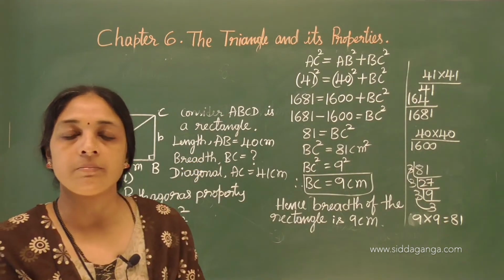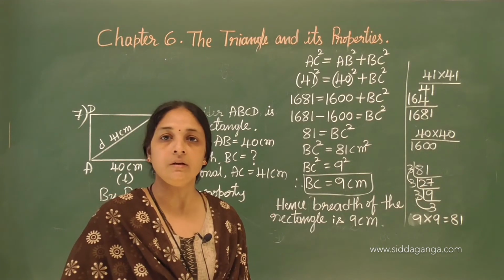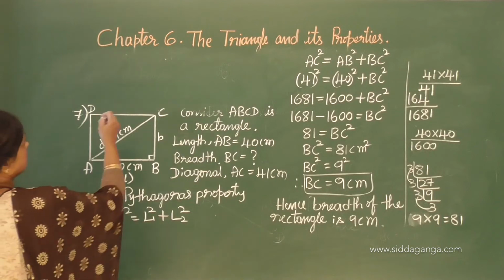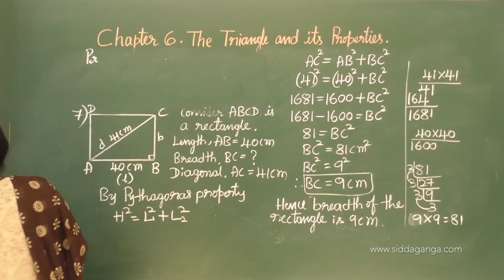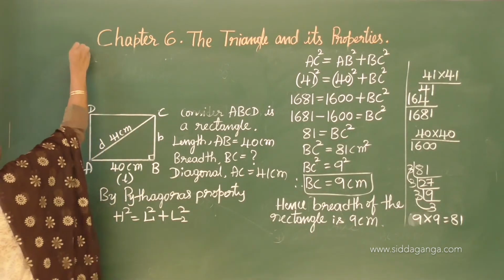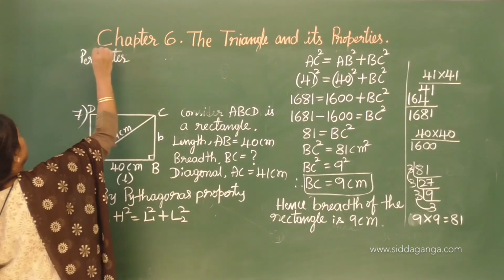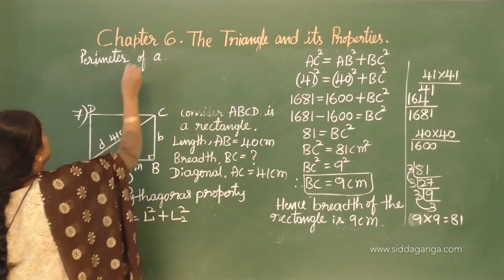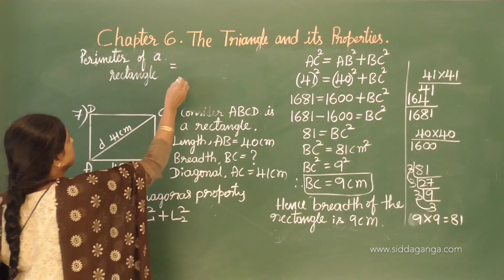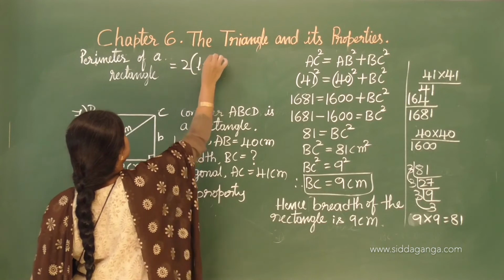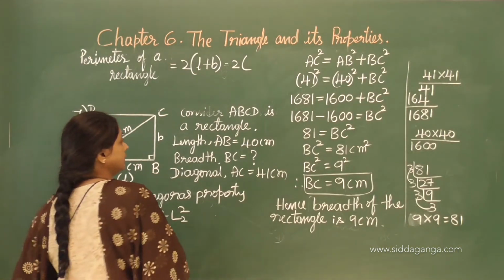So what is perimeter? Perimeter is the sum of the lengths of all the sides of that geometrical shape. Here particularly we can write, perimeter of a rectangle is equal to 2 into L plus B, 2 times the sum of the length and breadth.